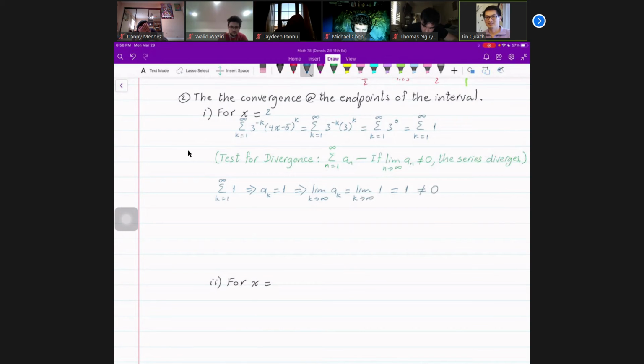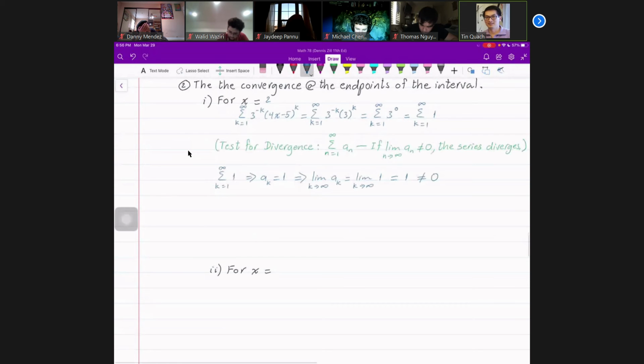Okay, so that's not 0. So what does it mean? Diverges. And you say by the test for divergence.